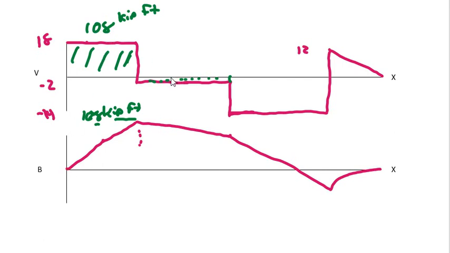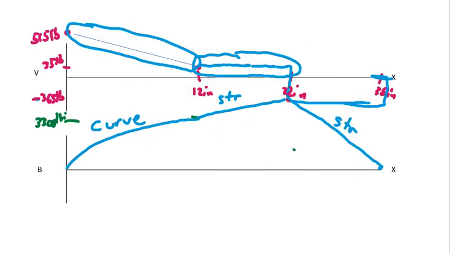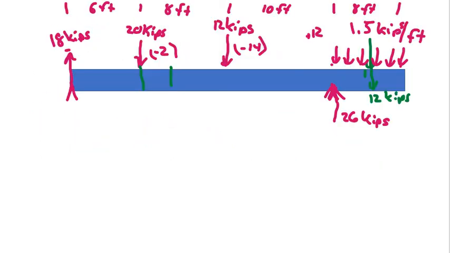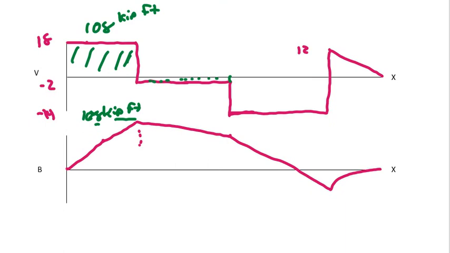The area of this is going to be negative 2, and the distance is, oh, sorry, 8. Negative 2 times 8. This is a negative 16 kips feet. So 108 minus 16, 92.